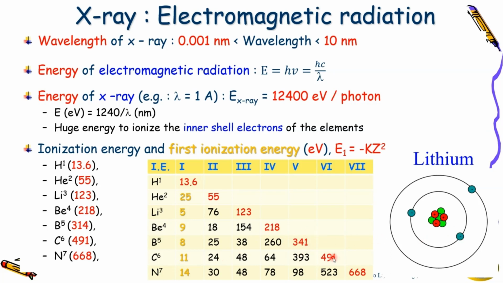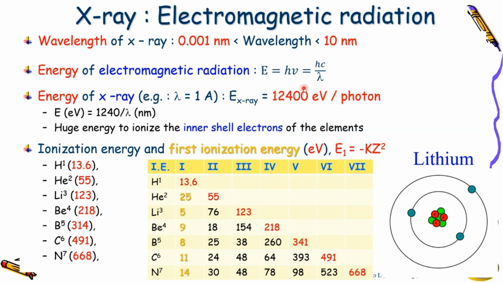Carbon is 491, nitrogen is 668. So compared to 12,400 electron volt, this is nothing. X-ray can take all the electrons away from this element. So this energy is very huge.